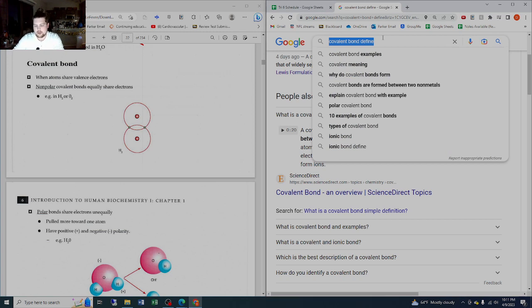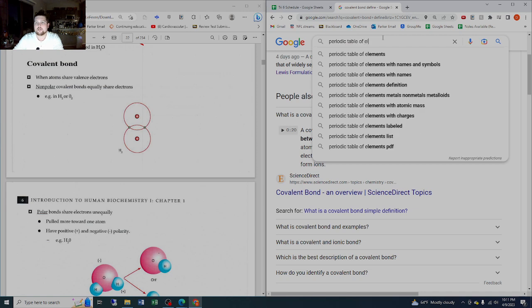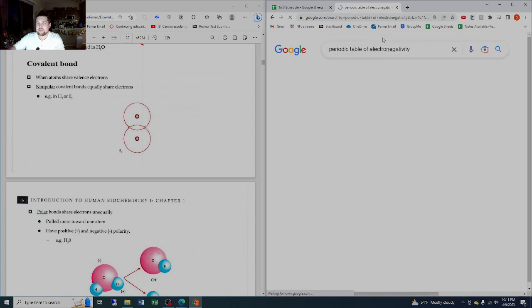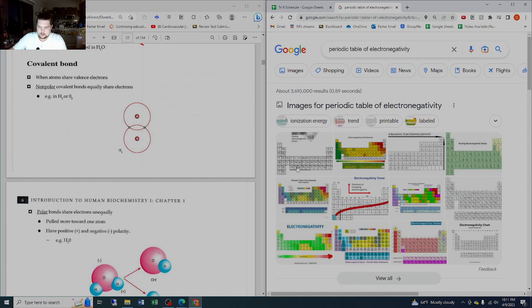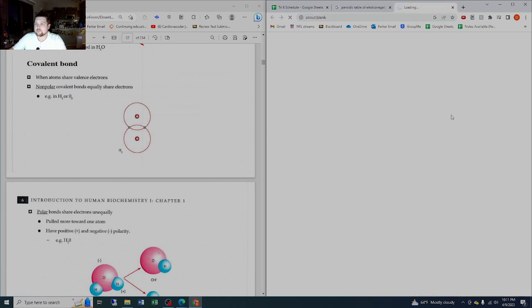So if you look up a periodic table of electronegativity, let's see if we can find a good one. Here we go.